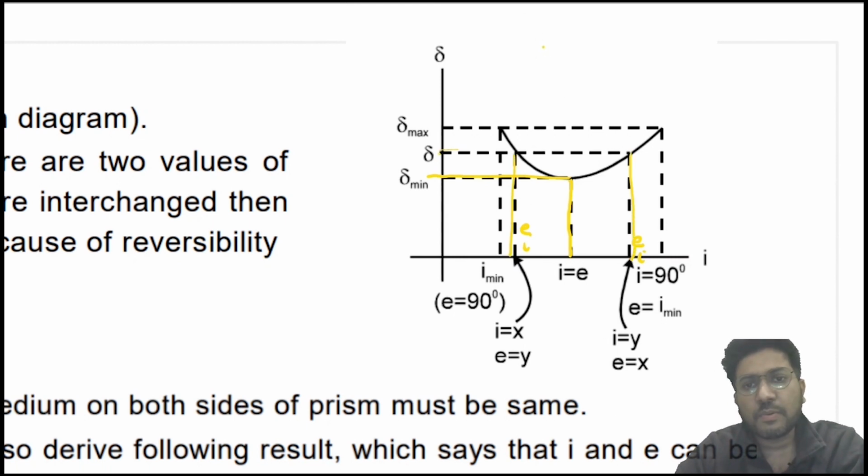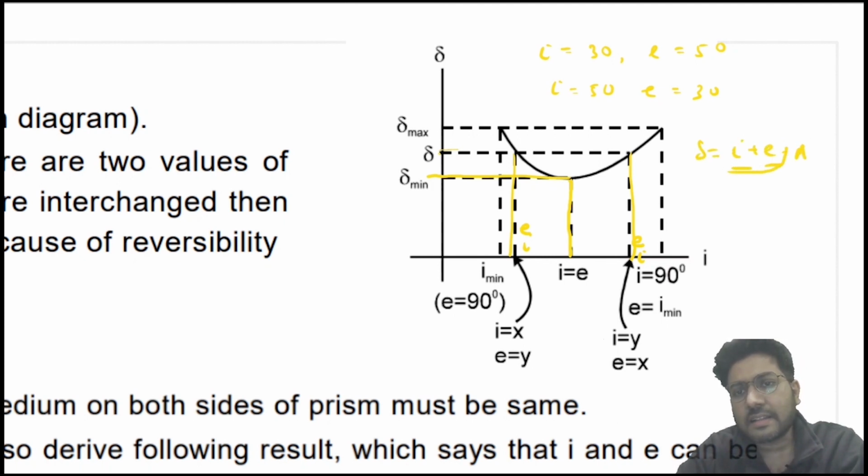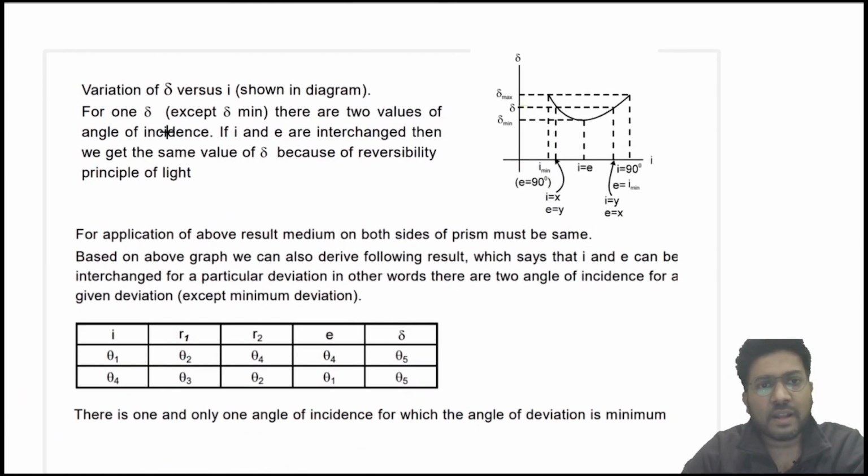That means, suppose I is 30 and E is 50, then when I will be 50, E will be 30, and both of them will give the same angle of deviation, because deviation is I plus E minus A. So the sum of I and E is the same here as well as here, right? So that is why I and E are interchangeable, and for two values of I there is one deviation.